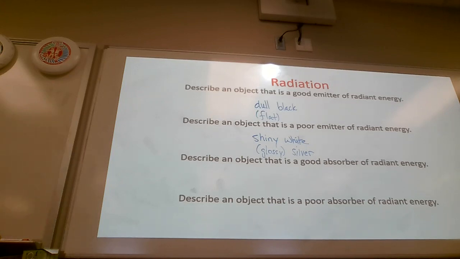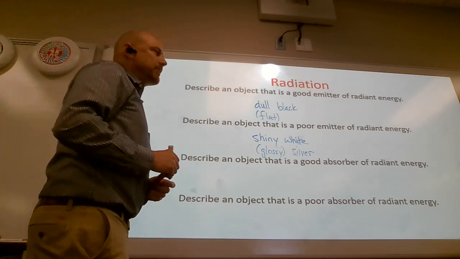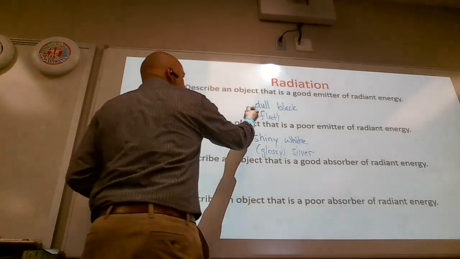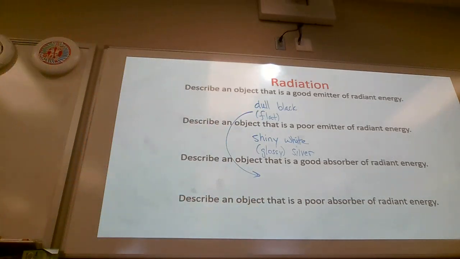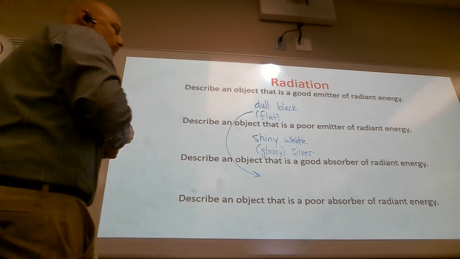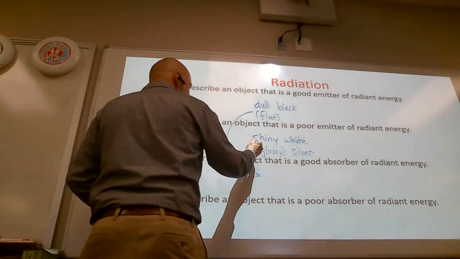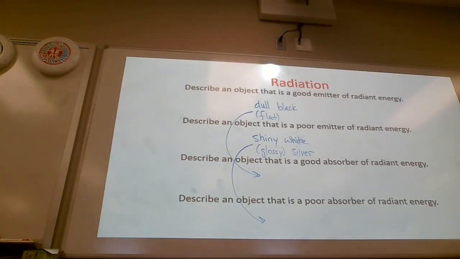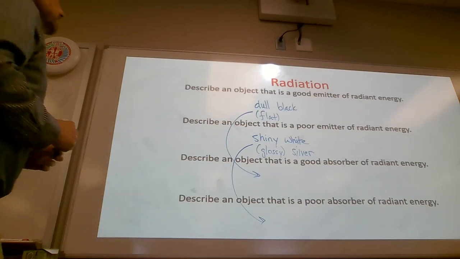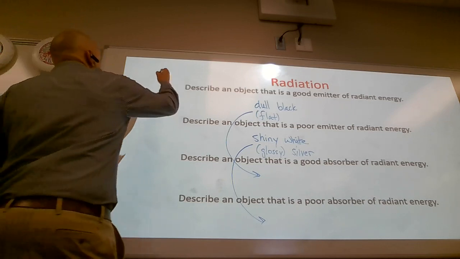Okay. Things that are a good absorber of radiant energy. Dull black objects are good absorbers. That's exactly why. And poor absorbers are shiny white. Here's one summary.